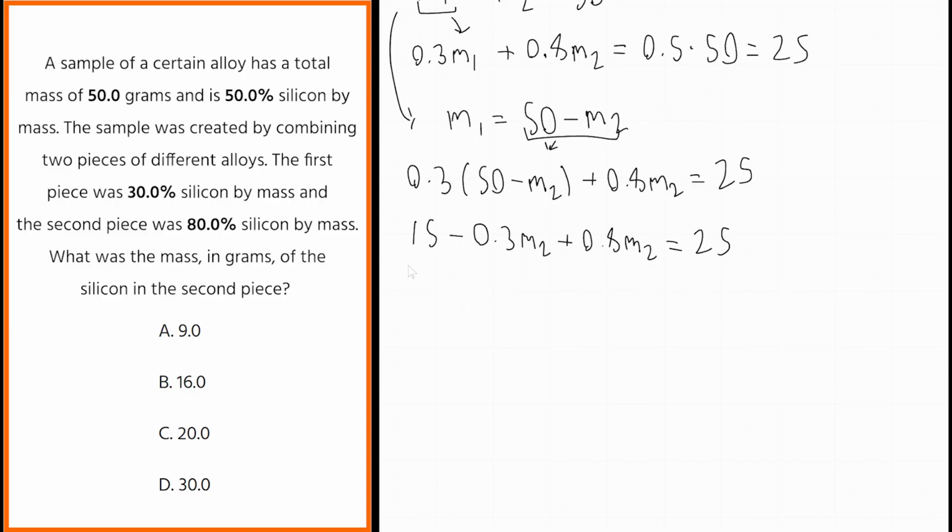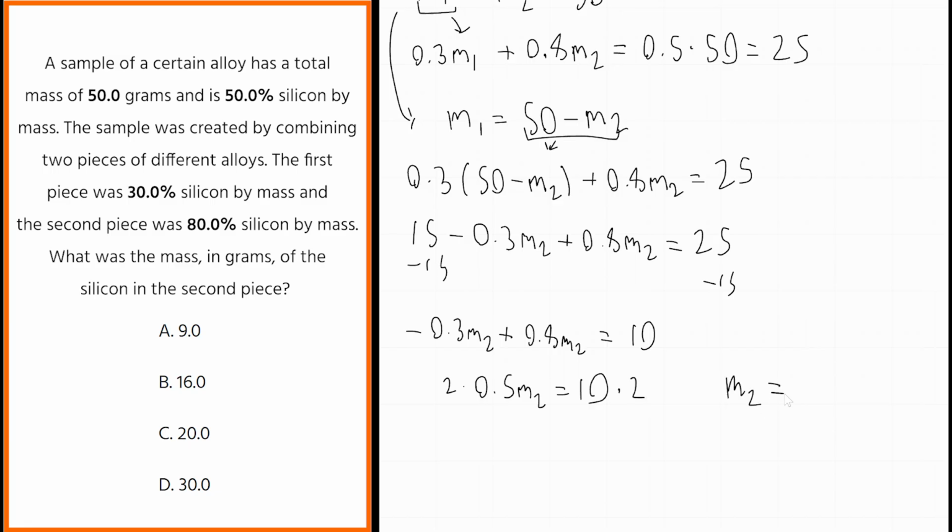We can subtract 15 from both sides, and we get 0.3 M2 plus 0.8 M2 equals 10. We can combine these to get 0.5 M2 equals 10. Now if we multiply both sides by 2, we end up with M2 equals 20. So 20 is the mass M2 of our second original material.